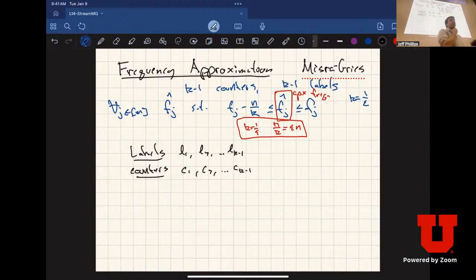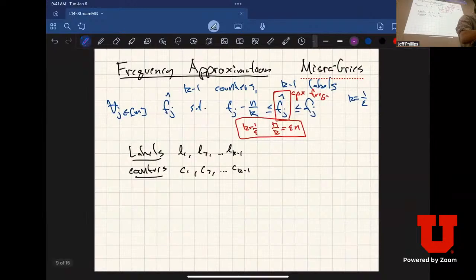It's going to look like the majority algorithm, but I'm going to get a much stronger guarantee. Instead of using 1 counter and label, I'm going to use k minus 1 of them.